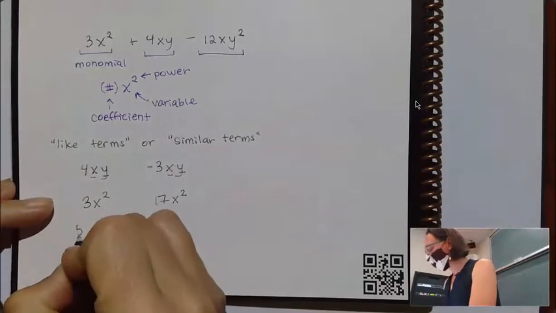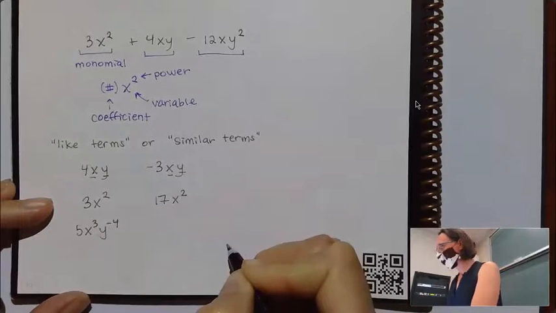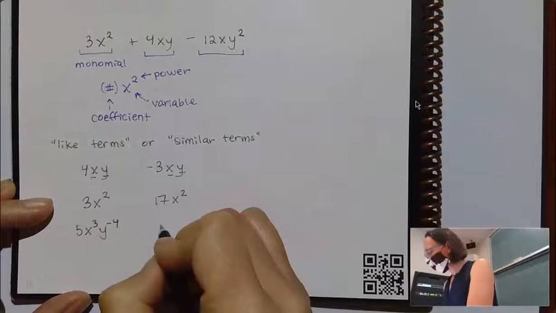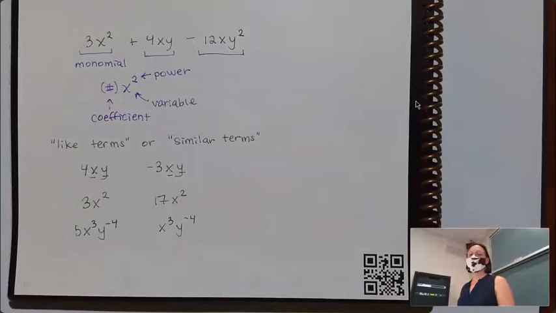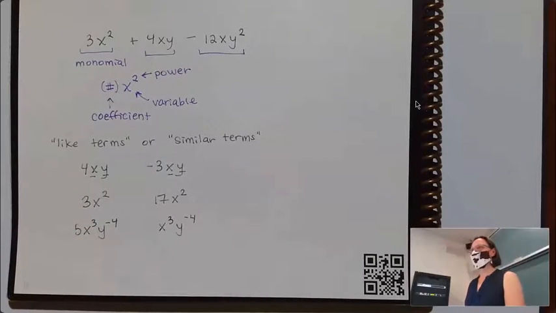If I had 5x cubed y to the negative fourth, and I had x cubed y to the negative fourth, these are also like terms because the variables are raised to the same powers.